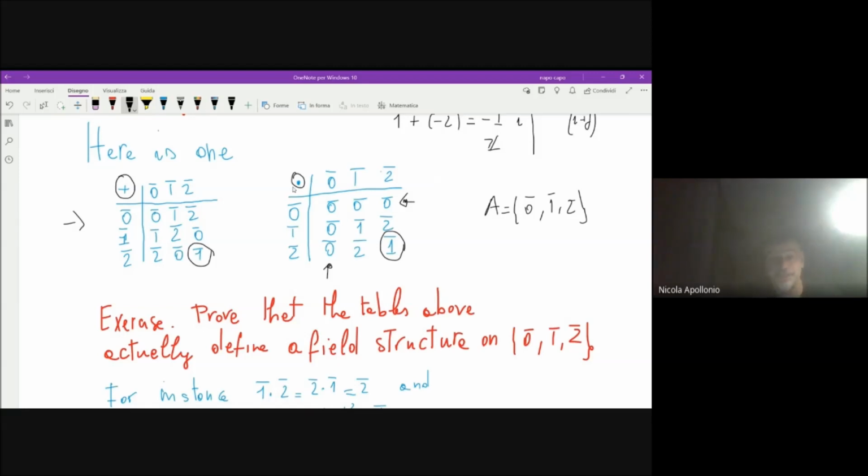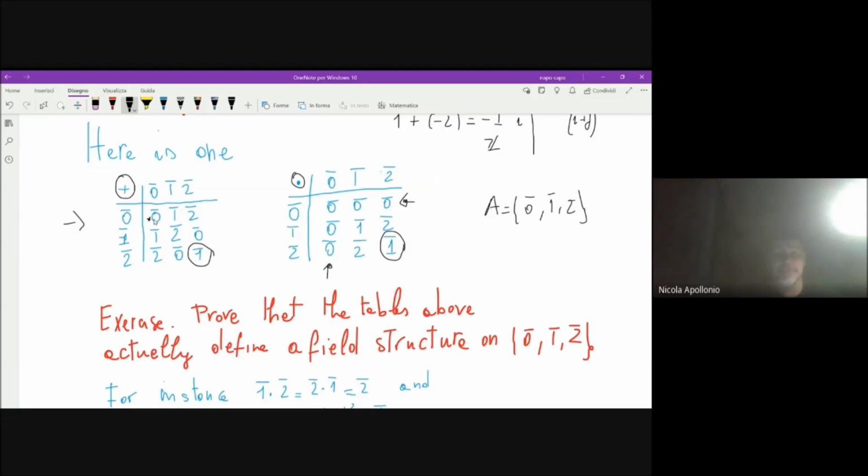So these are operations. They both have a neutral element. In this case it is the element 0, and it is unique. You see that it is unique. It is the only one with the property. Well, I cannot say it yet because we didn't prove it, but it is true.